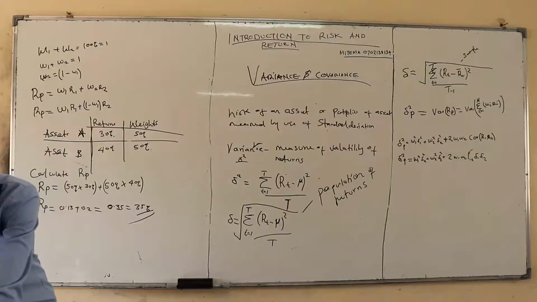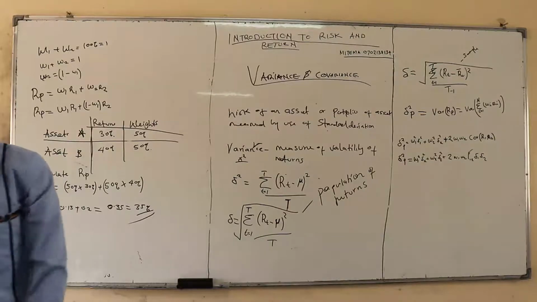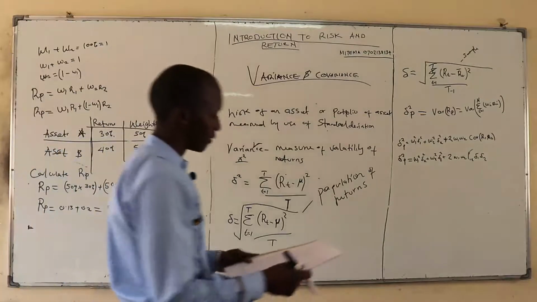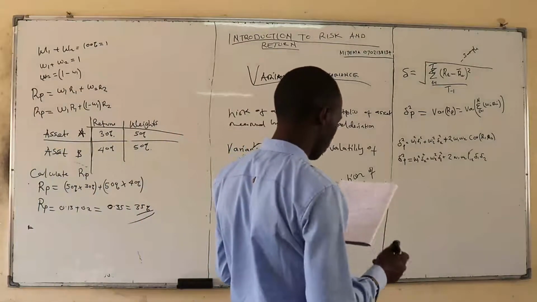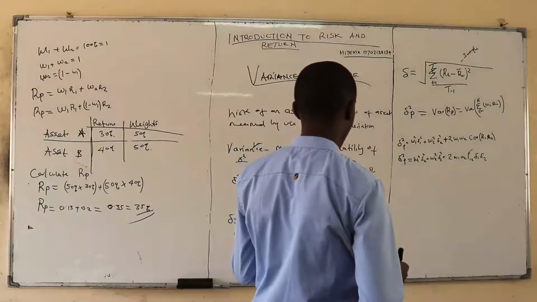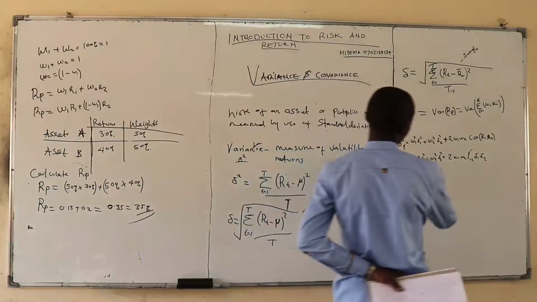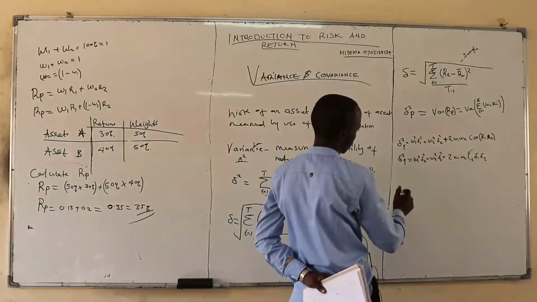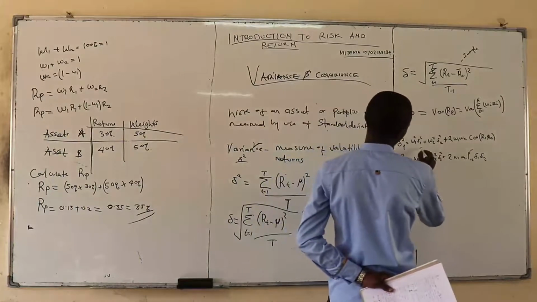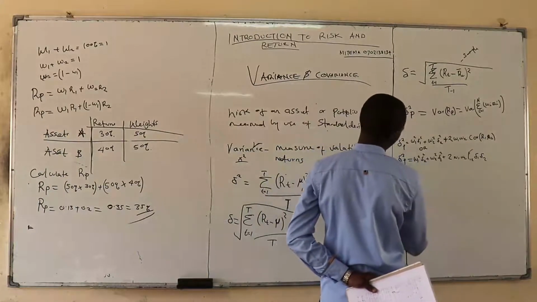So the standard deviation of a 2-asset portfolio is given by the square root of either of these two formulas.